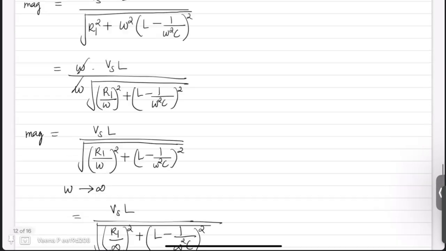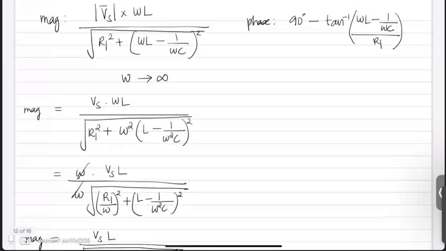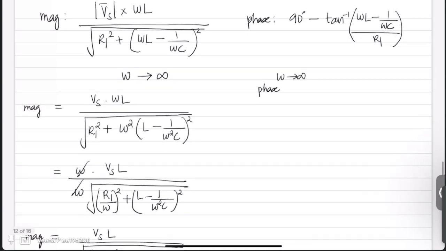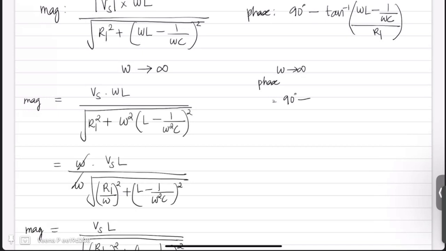Now let us see for your phase. Phase as omega tends to infinity is 90 degree minus tan inverse of (infinity times L minus 1 by infinity times C) divided by R1.